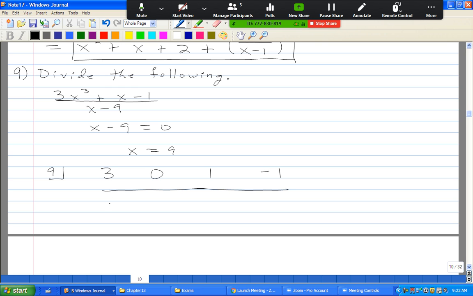Let's drop down the 3, times 9 is 27, plus 0 is 27, times 9 is 243, plus 1 is 244, times 9 is 2196, minus 1 is 2195.